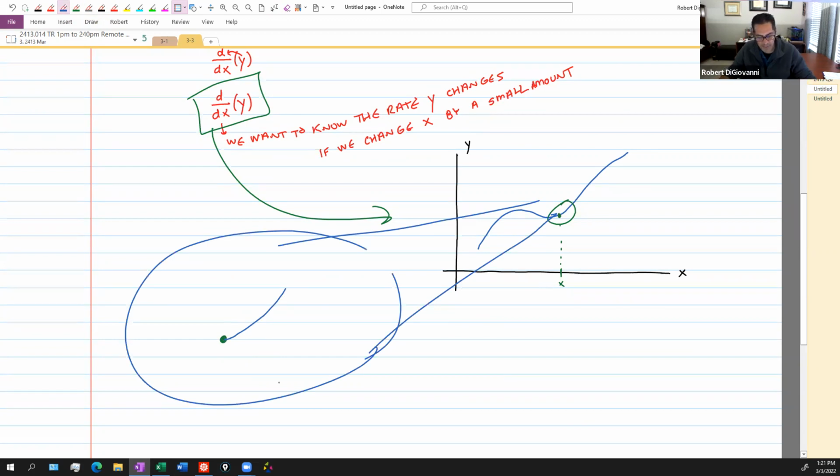What we're saying is, if I were to change x by a small amount, so let's say I move my x over to here, on this picture it'd be like I'm just changing x a little bit to some other point on the graph. That would be this point here. We're trying to find the rate at which y changes. We call this dy. It's the change in y. And this right here is the change in x.